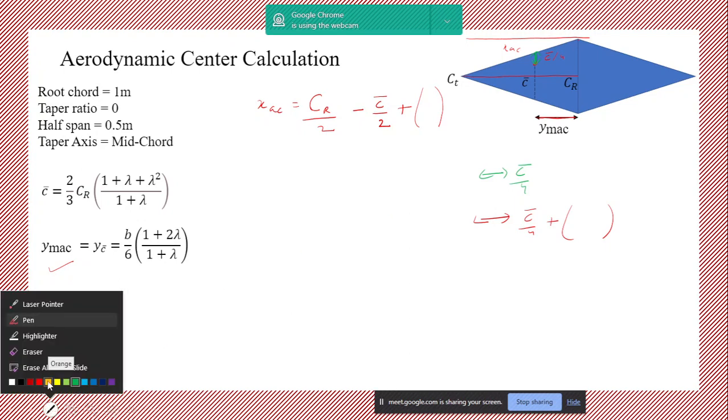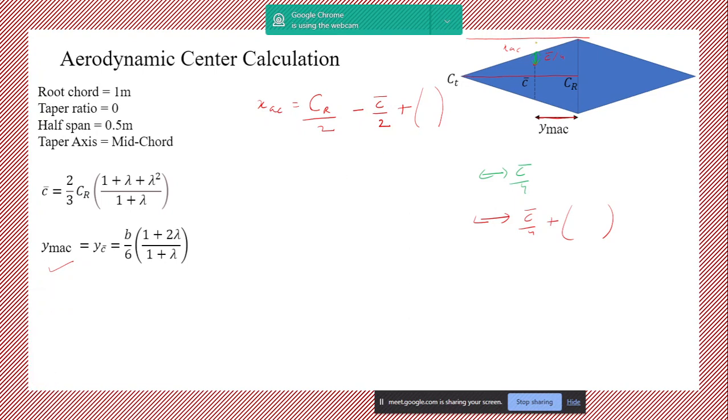Now, let me take yellow. The one in orange is CR by 2. That orange line is CR by 2. Yes?